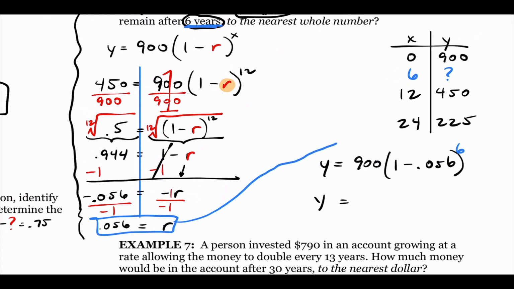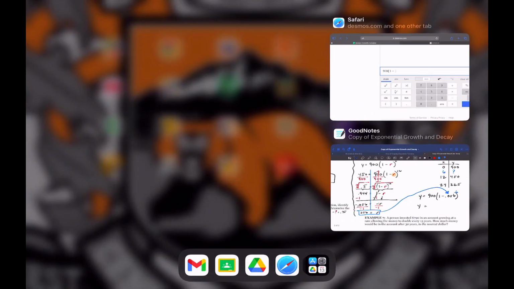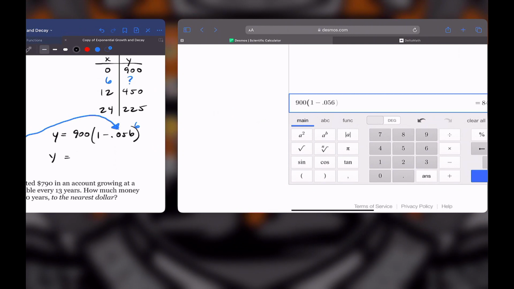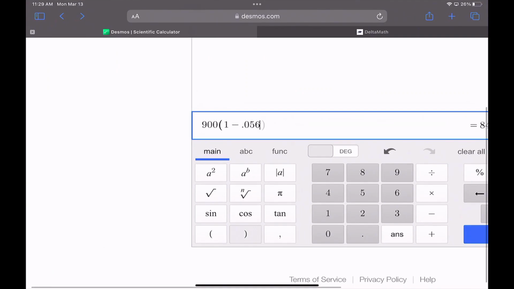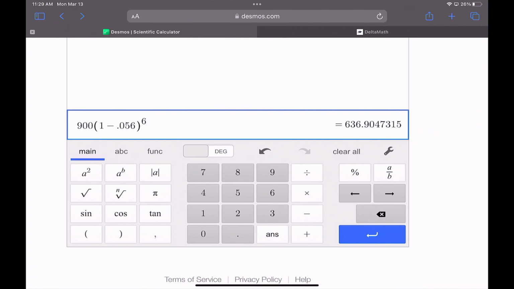So then you go to your calculator and ask your calculator for the final answer, and you got it. 900 times 1 minus 0.056 to the 6th power. There's your answer: 636.90473115. But we don't need to write down all of those numbers.